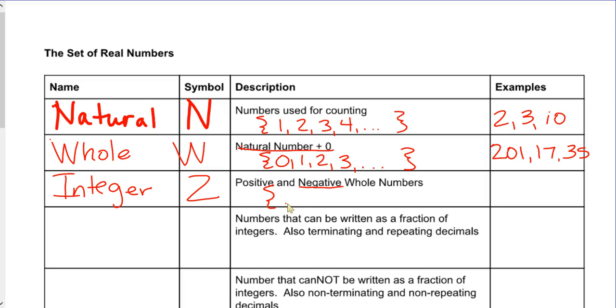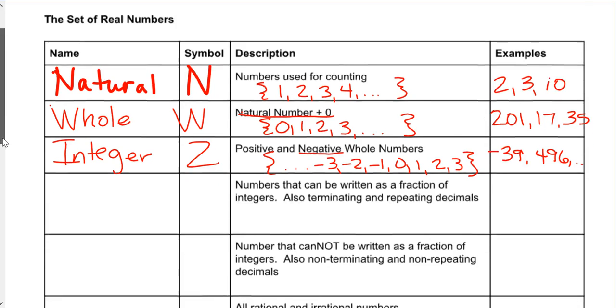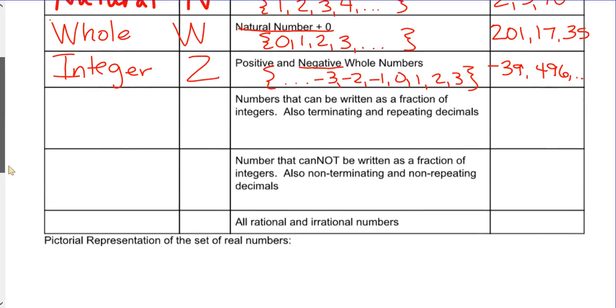But these are dot, dot, dot, -3, -2, -1, include the 0, 1, 2, 3. So it's basically the whole numbers and their opposites. So I could do something like -39, 496, etc.